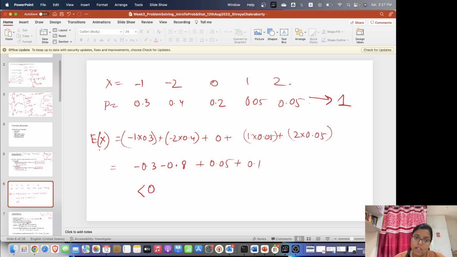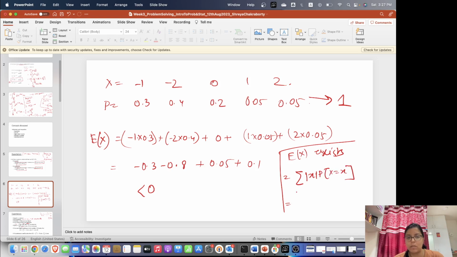But expectation can be calculated in this way, because we can say the expectation exists. Why can we say it? Because if we do summation of mod x into probability x equal to x, then we have mod of -1 into 0.3 plus mod of -2 into 0.4 plus 0 plus 0.05 plus 0.1, something.